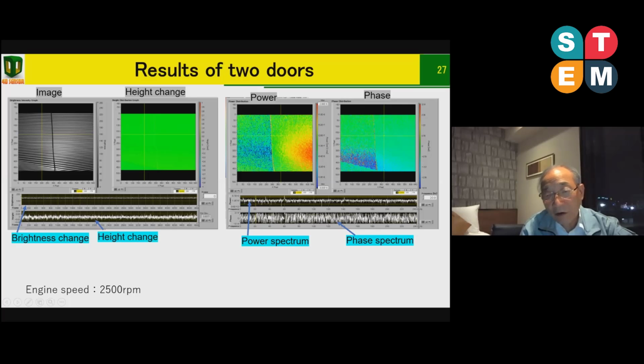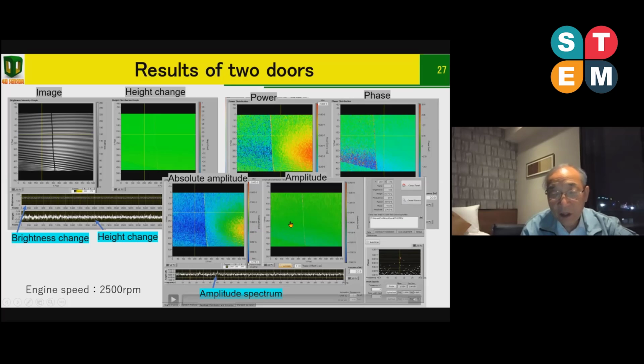The phase is almost the same, but in this case, if we change the phase distribution, it gives a phase movement. In this case, this position is moving like this. So we can easily detect the movement of the vibration.